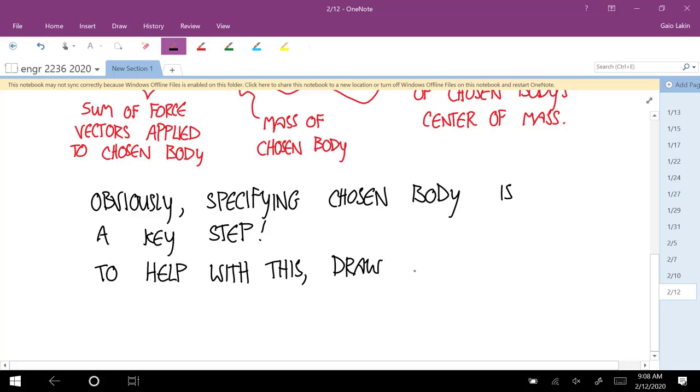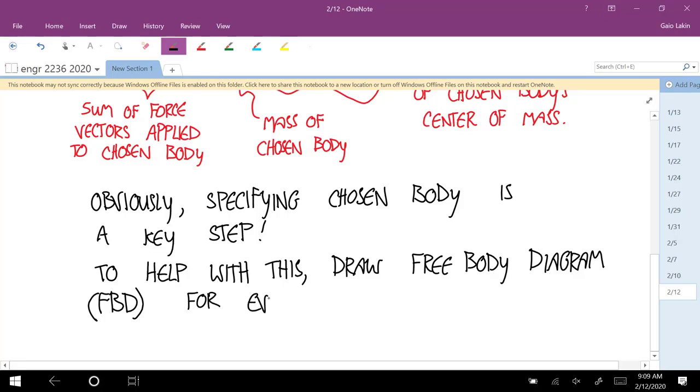So we're going to draw a free body diagram. We'll call that FBD. This is our first free body diagram in this class. For every application of Newton's second law.